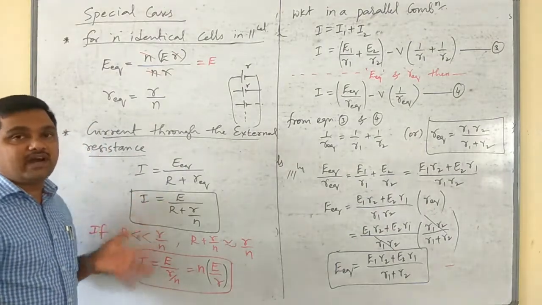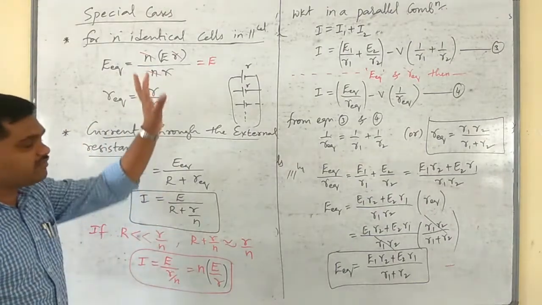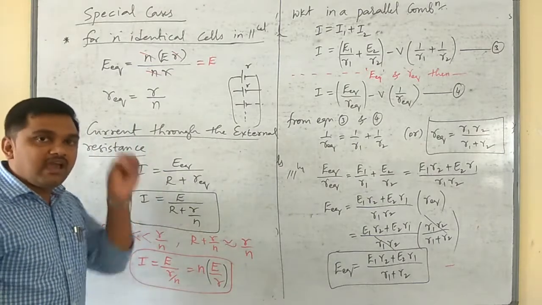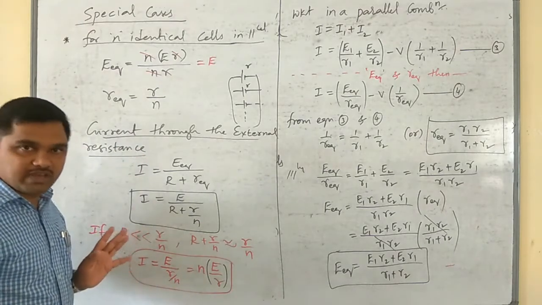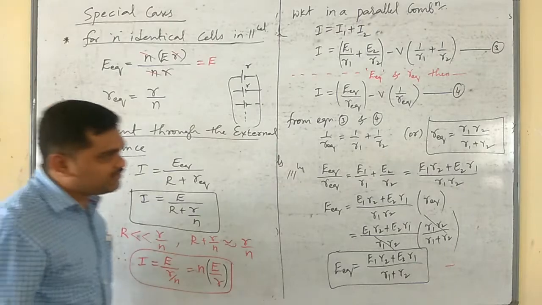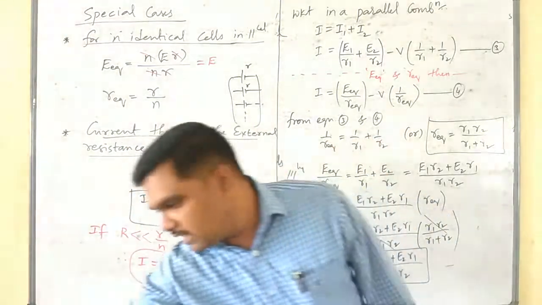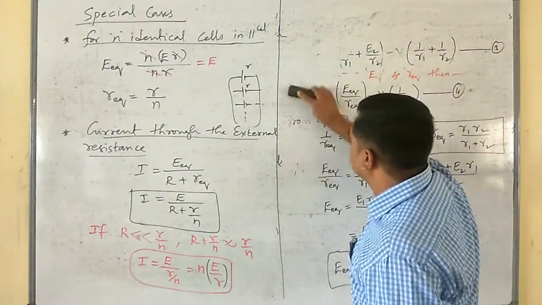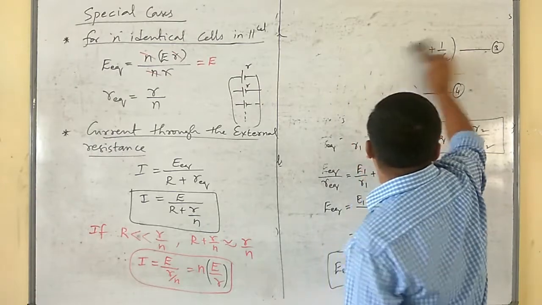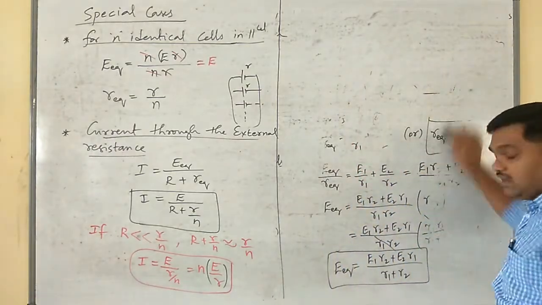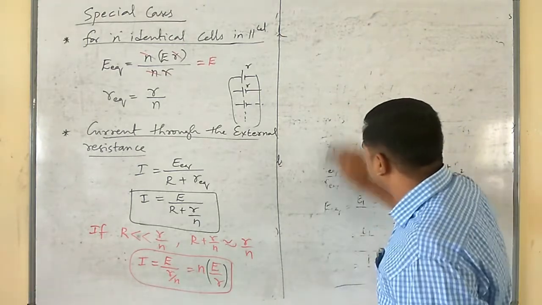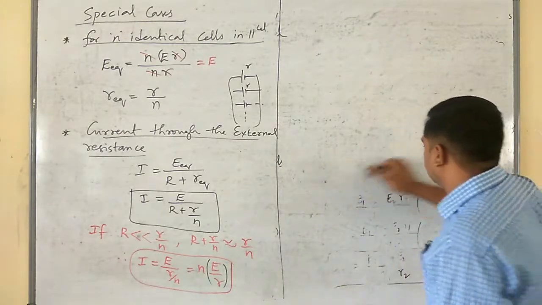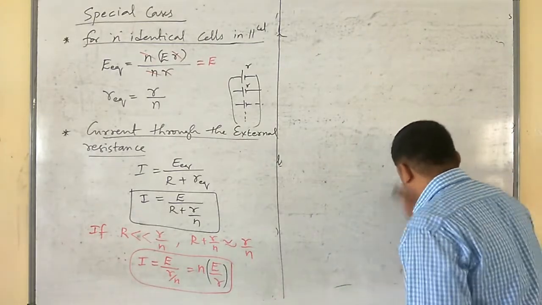Therefore, in order to draw more current in case of a parallel combination, the value of external resistance should be as small as possible. Okay, so please remember this thing. In case of a series combination, in order to draw more current, what was the condition? The value of external resistance we have connected should be as large as possible, isn't it? But here, in case of parallel, in order to draw more current, the value of external resistance has to be as small as possible.